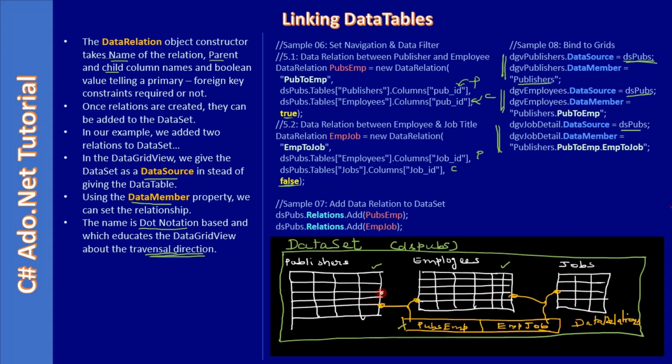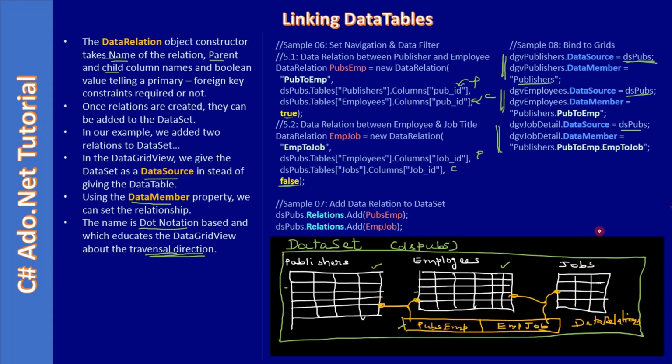This will help in picking the record. Say for example, if you select a record in the publisher table, all the children will be displayed in the employee data grid view because of this data source and data member, right? Similarly, if you pick something in the employee table, its corresponding job record will be displayed. That means the specific job the employee is doing will be displayed in the third grid.